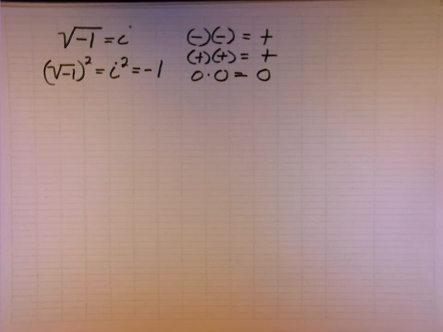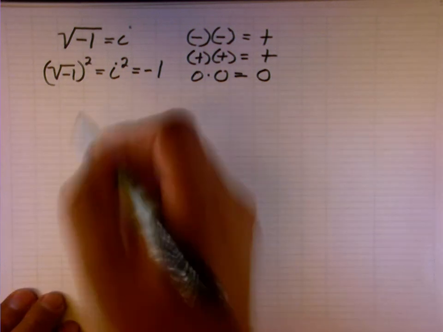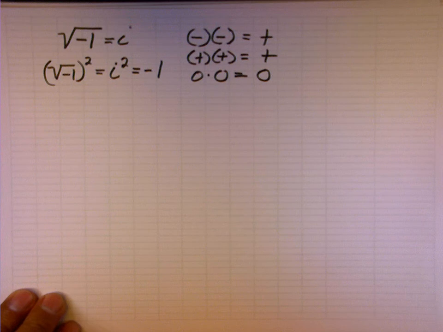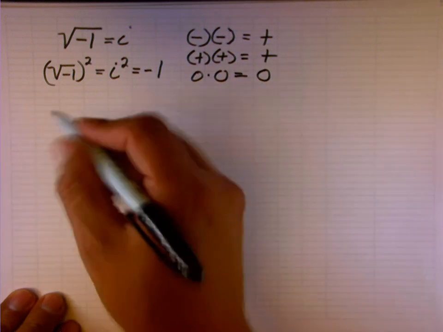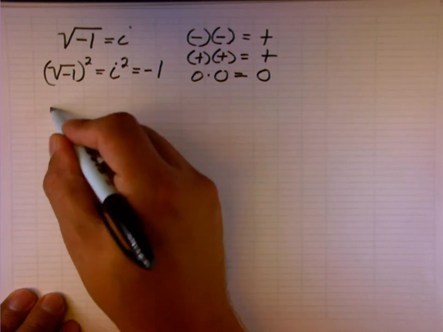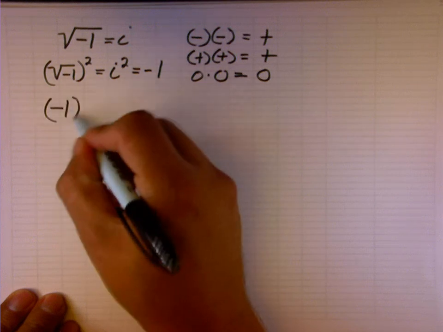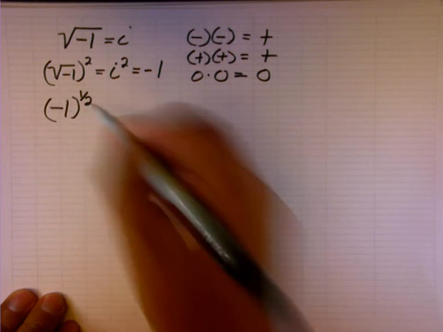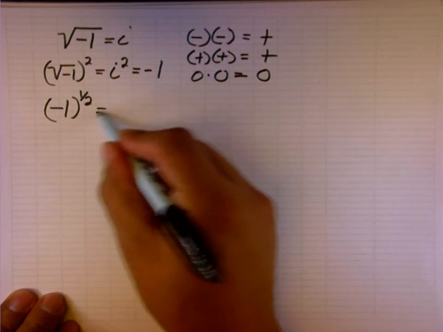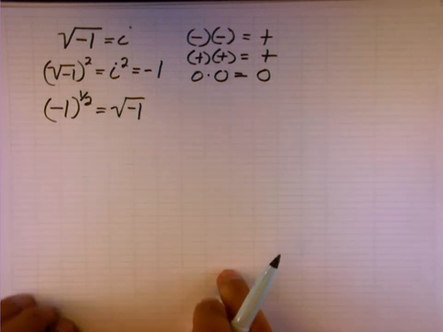Everyone okay with this? Why is i squared -1? Let's look at our property of exponents, maybe to explain it a little bit better. A square root can be written as a fractional exponent. That's the same as the square root of -1.